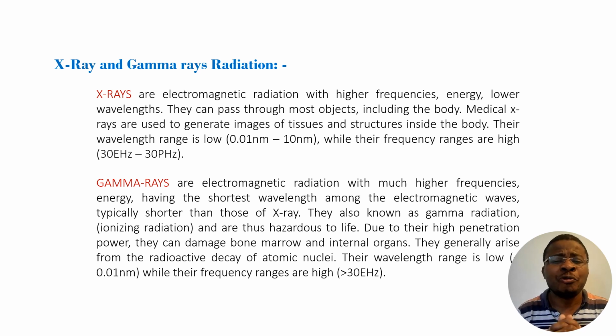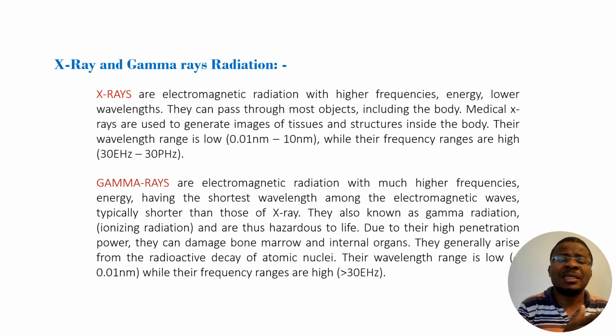They can pass through most objects, including the human body. Medical X rays are used to generate images of tissues and structures inside the body. Their wavelength ranges from 0.1 nanometer to 10 nanometer.